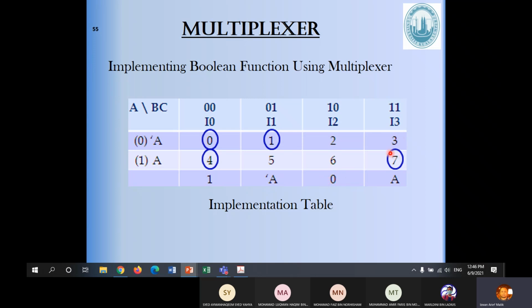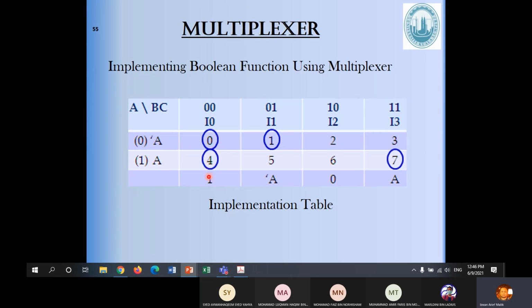And if it is circled at A, then the output will be A. So 1, A bar, 0, A. So I0 becomes 1, I1 becomes A bar, I2 becomes 0, I3 becomes A. Okay, so how do you obtain the input of the implementation table? You compare A bar with A.